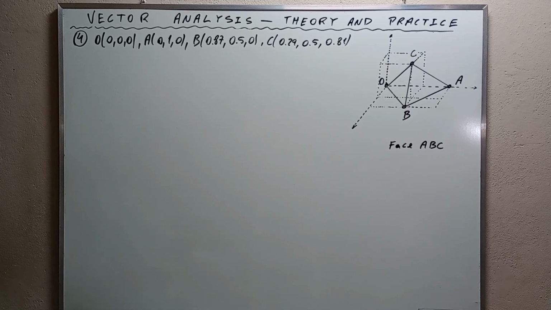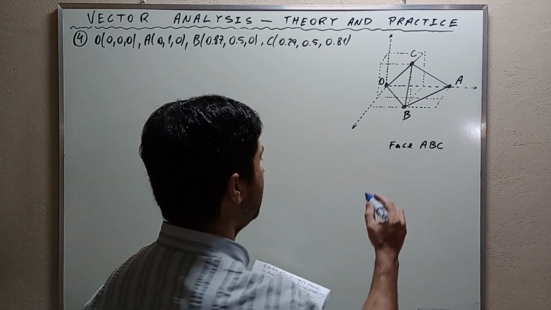The exercise wants us to find a unit vector perpendicular to face ABC pointing outwards. Face ABC is this.